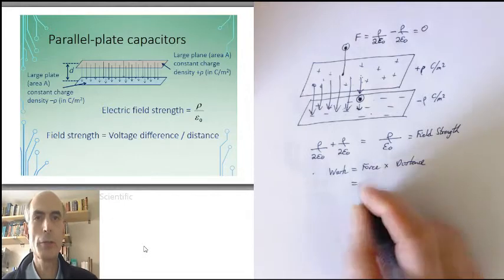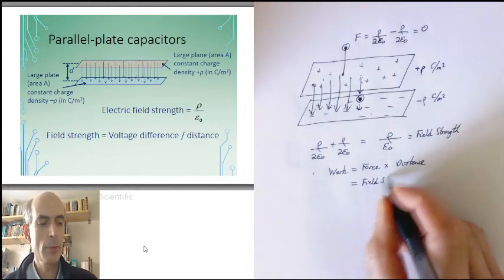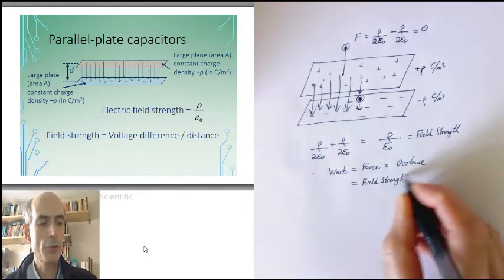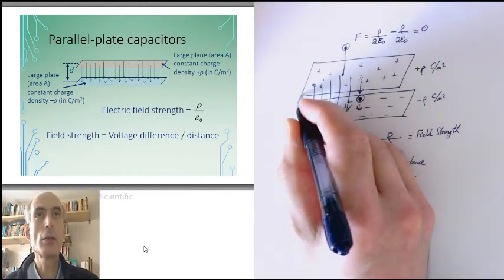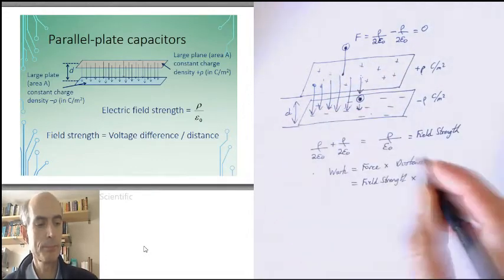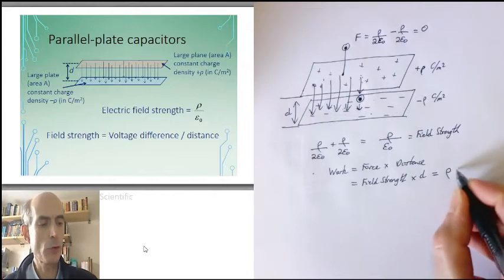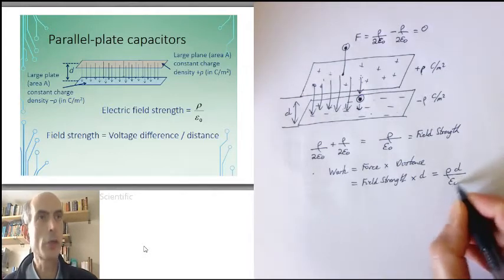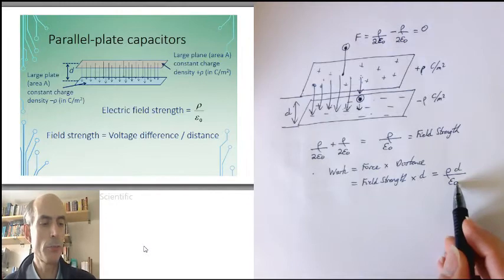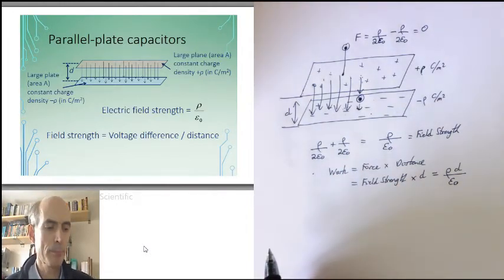The field strength is the force on a unit charge. The distance is the distance between the two plates, which I've labelled here as d. So that would be the amount of work required to move a unit charge from one plate to the other.